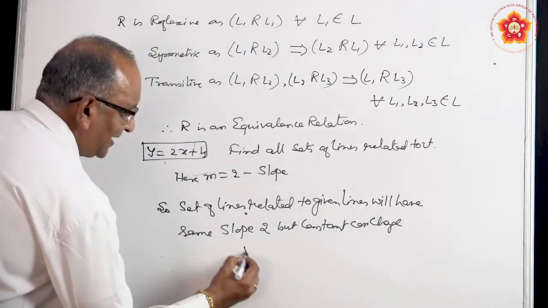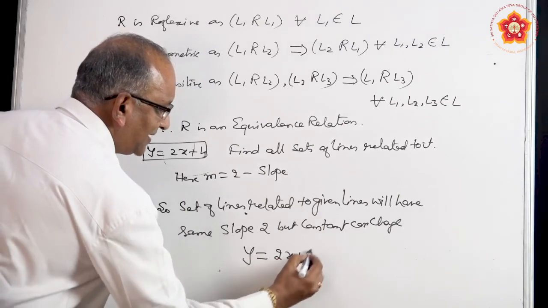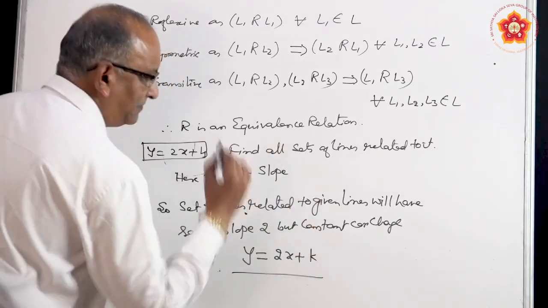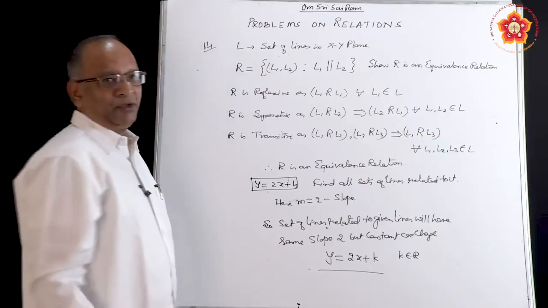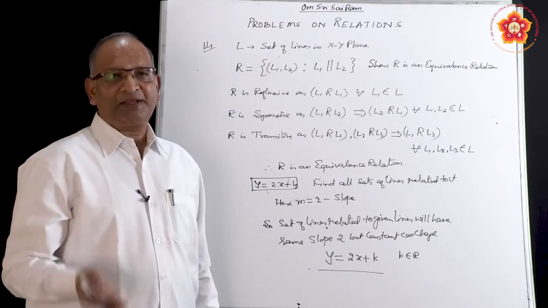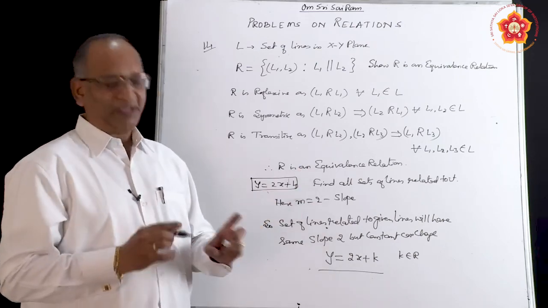So, the answer can be y equal to 2x plus k, where this k can be any real number. You keep changing k, you will keep getting different lines, and all of them are going to be parallel to the given line.